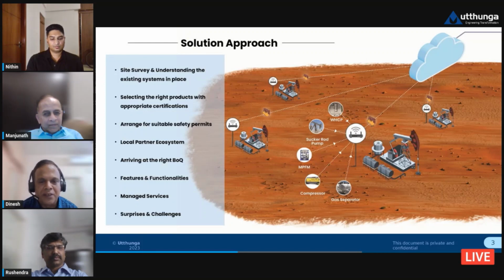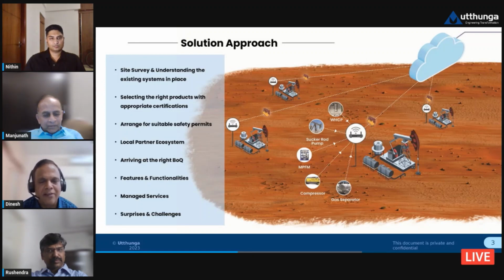Definitely, we should have a system in place which can avoid or prevent any unplanned downtimes, and then have a solution which can help to discover or uncover any equipment issues, and also ensure that as these assets are aging, they don't have any impact on the performance, in the sense that if they are not performing to their designed capacity or efficiency, then the customer gets to know about it from these systems.